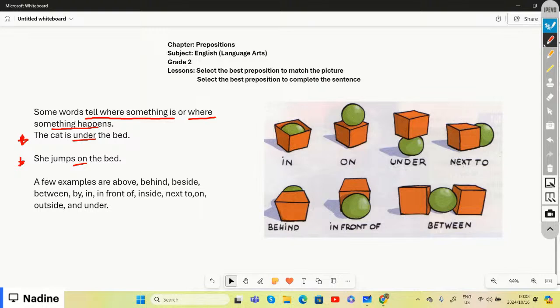It can be behind you. These are examples. So something can be above, can be behind you, can be beside you, can be between, by, in front of, inside, next to. Some things can be on, outside, and it can be under. Those are a few examples of prepositions.